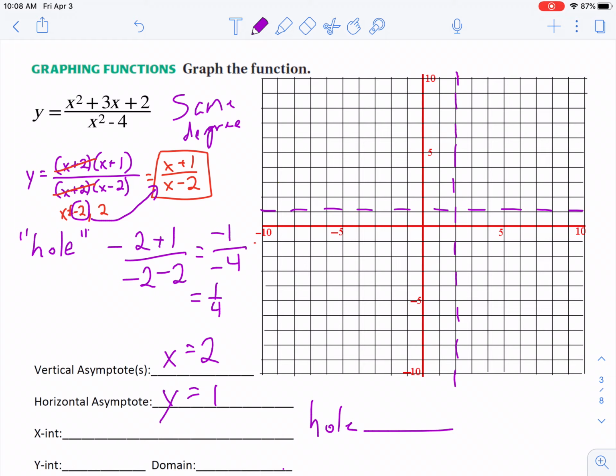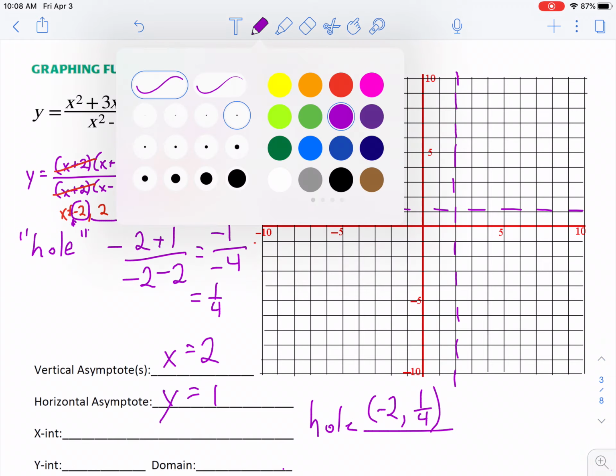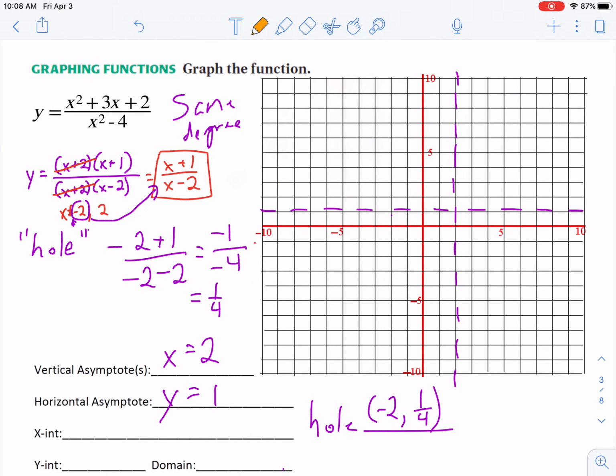And so our hole is going to be at the coordinate negative 2, 1/4. So negative 2, 1/4, right here is going to be a hole right there at that graph.